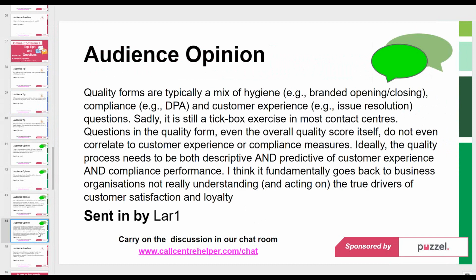Ideally, the quality process needs to be both descriptive and predictive of customer experience and compliance performance. So it goes back to the business organizations not really understanding and acting on the true drivers of customer satisfaction and loyalty. I think that sums up what you, Neil, and Sandeep have been saying in your presentations there.